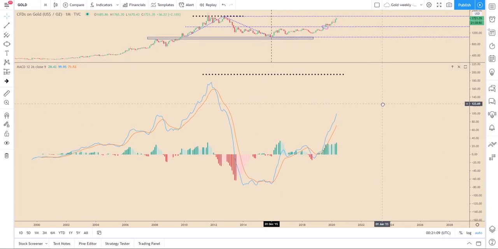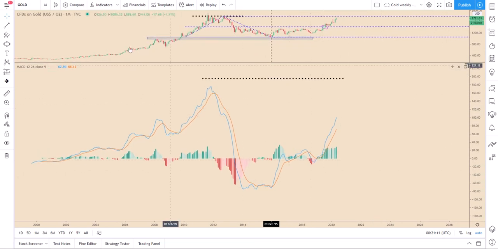And so in this case, this is our MACD indicator that we're talking about here. Let me draw another line here quick.